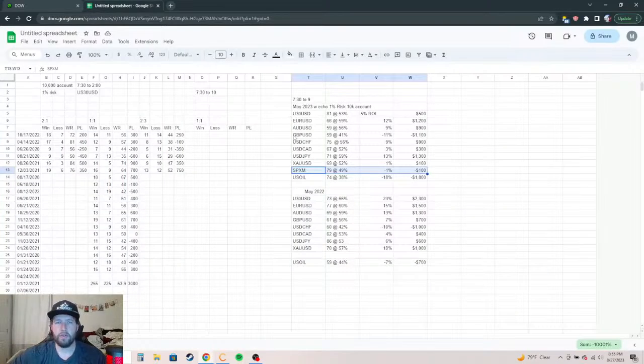And so we've already back tested May of 2023, and now we're back testing May of 2022 using the same pairs and commodities. Basically what we're doing is looking for the best pairs and commodities for this strategy that we're back testing. We're going to use 5 or 6 of those in the live market.